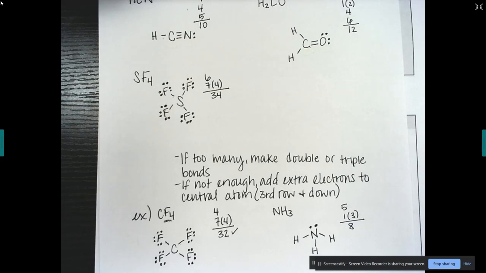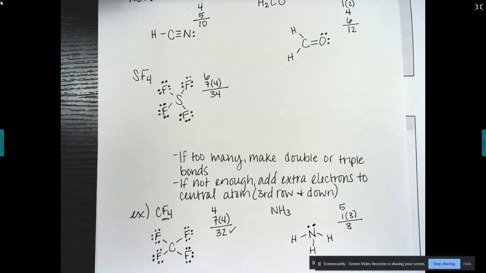You would think it can't have more than 8, but some of them can have more than 8. If they are in the 3rd row of the periodic table or below, which is why it says 3rd row and down, they can do what is called an expanded octet, where they can access lower orbitals to bond.